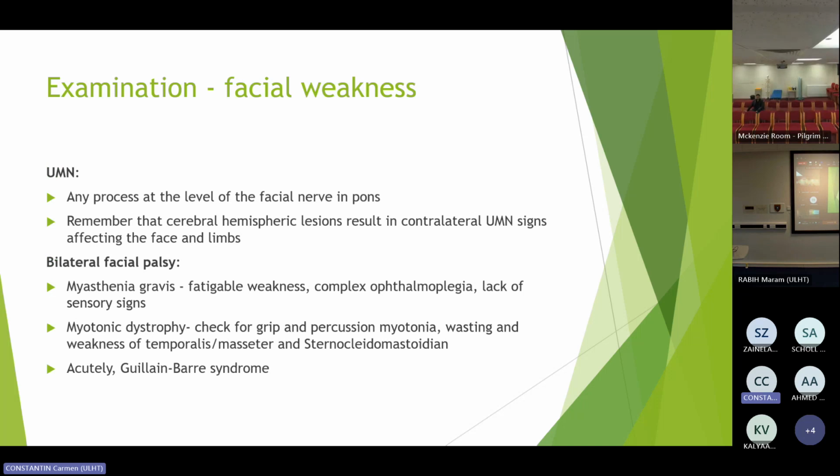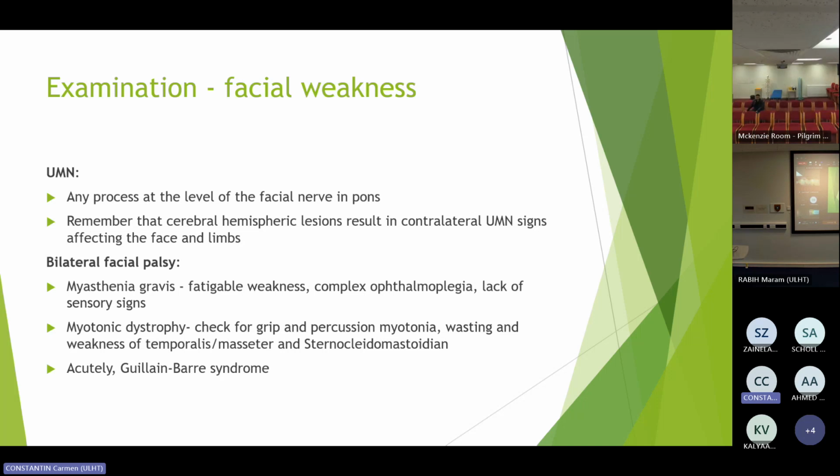As I said earlier, the upper motor neuron is any process at the level of the facial nerve in the pons. We have to remember that a cerebral hemispheric lesion results in the opposite upper motor neuron sign, affecting the face and the limb.